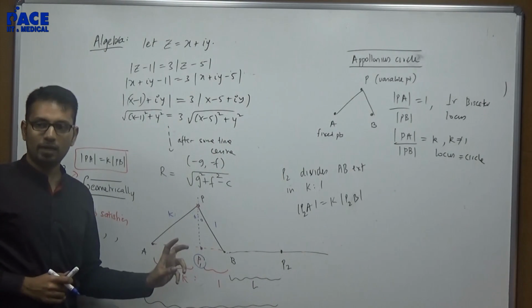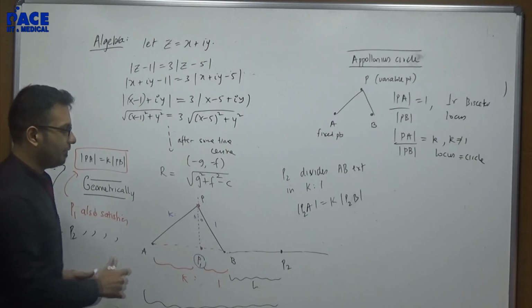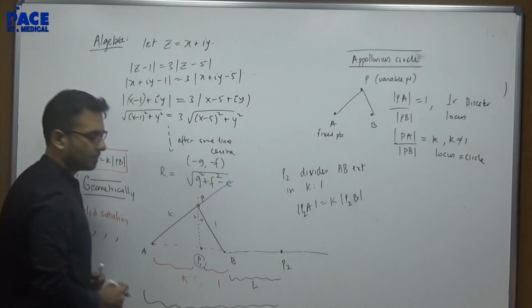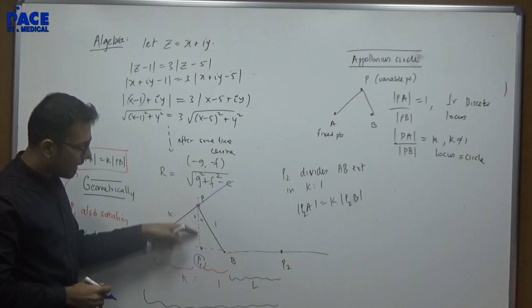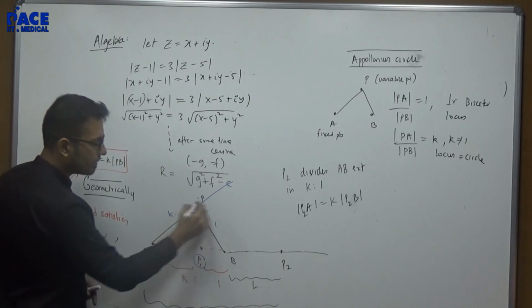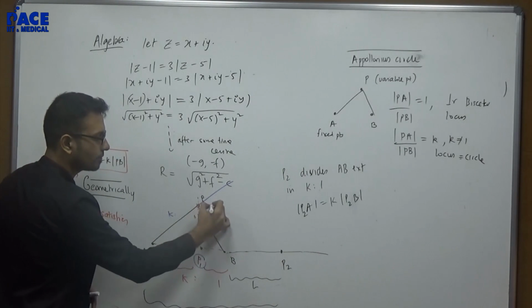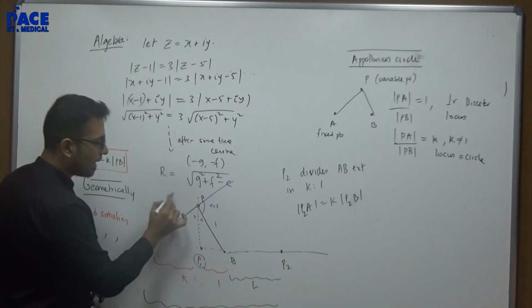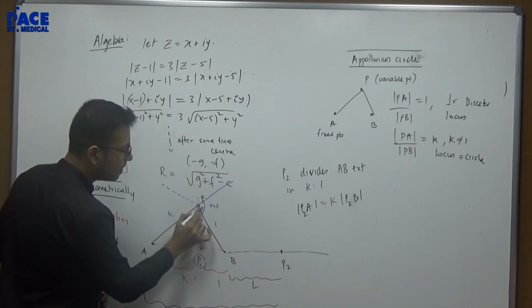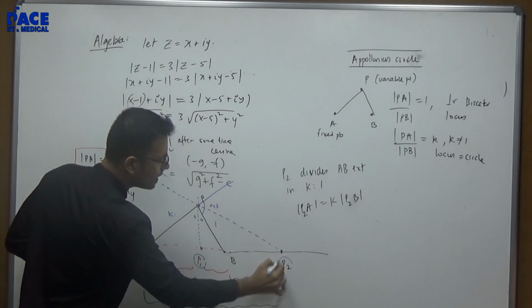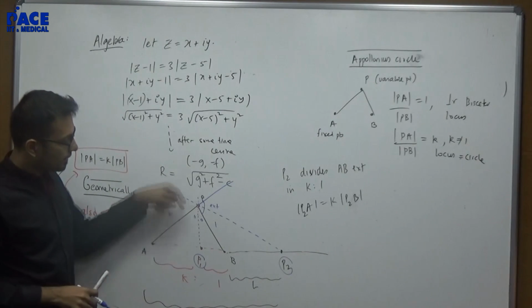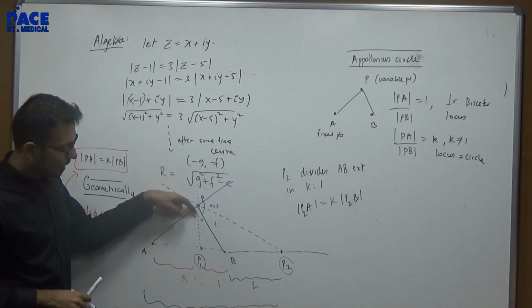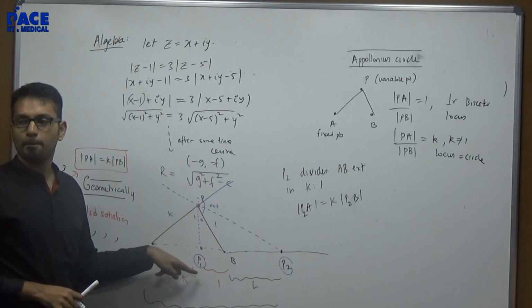Angle bisector theorem has another version. That's for the external angle bisector. This is the internal angle. This is the external angle. When you take the bisector of the external angle, it would reach point P2. If you take the internal bisector of this angle, it would reach P1.